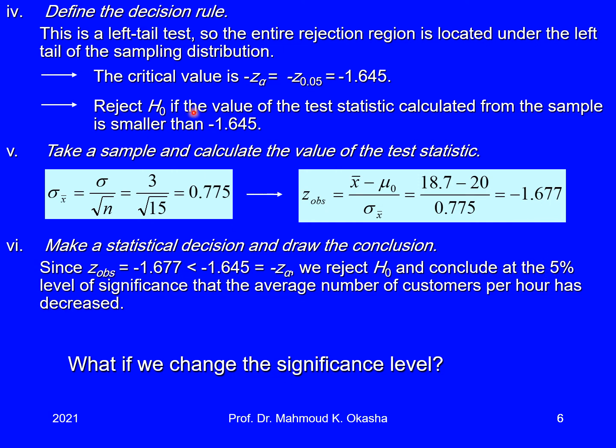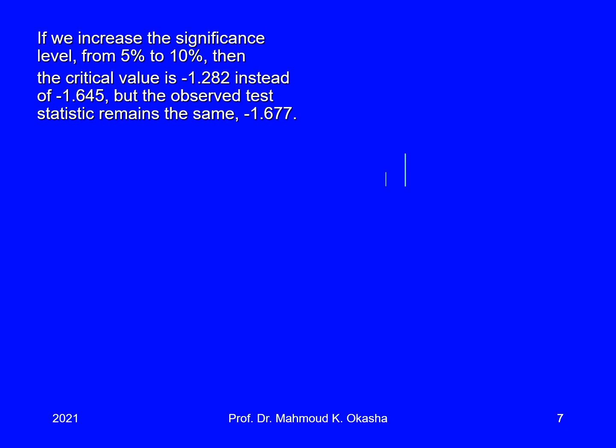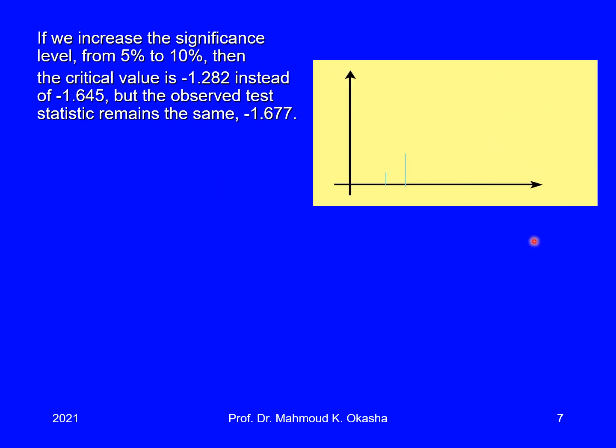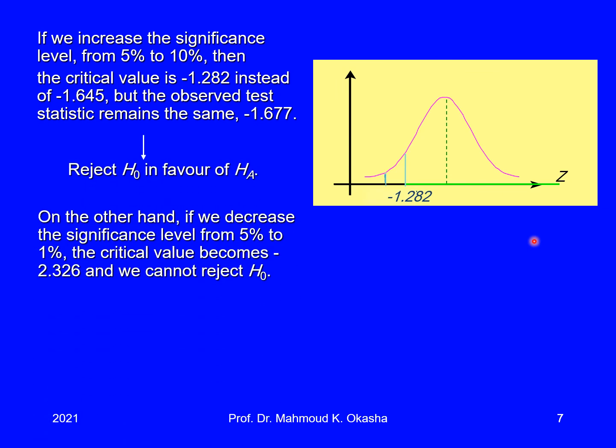In this example, at the 5% level we reject the null hypothesis, but with a different significance level we might not be able to reject. If we take, for example, a 10% significance level, then we will not be able to reject the null hypothesis.